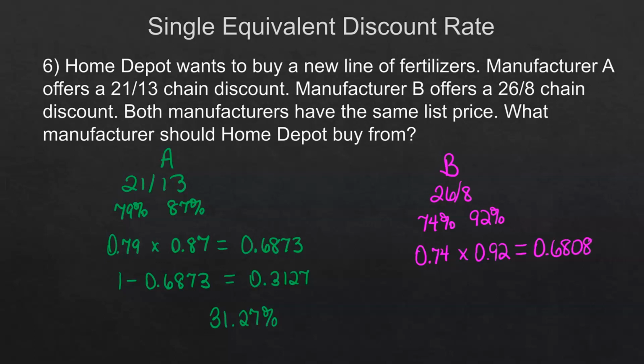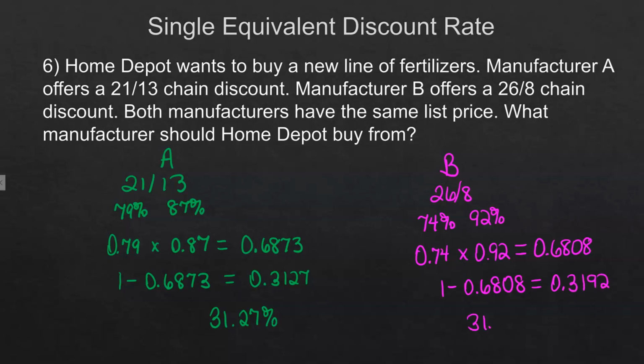Subtract from 1, because remember, that's how we could calculate the net price, but we are just looking for that single equivalent discount rate. Subtract it from 1, no rounding, because we want it to be equivalent, and it's 0.3192.